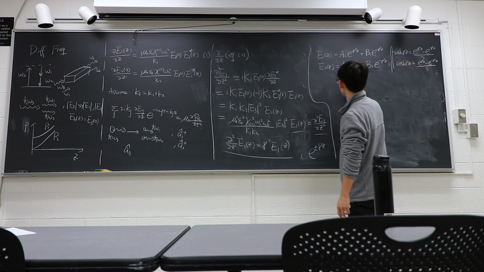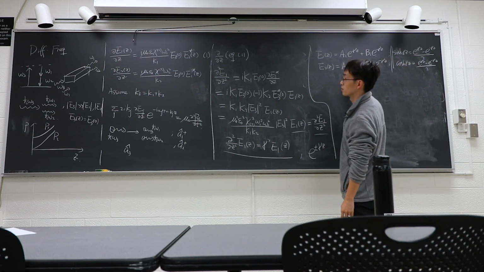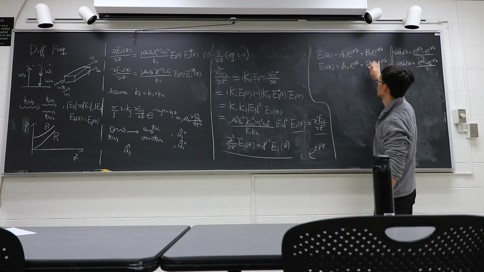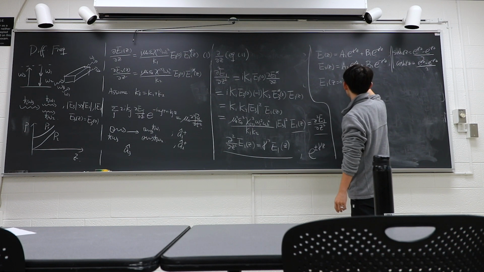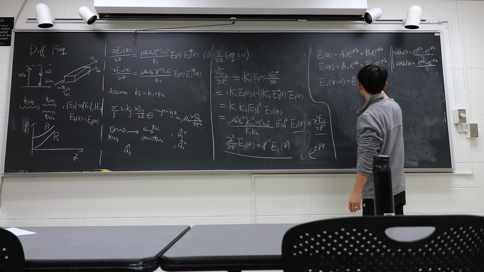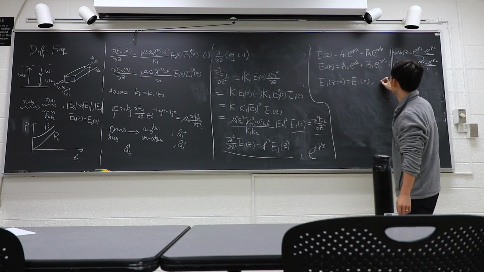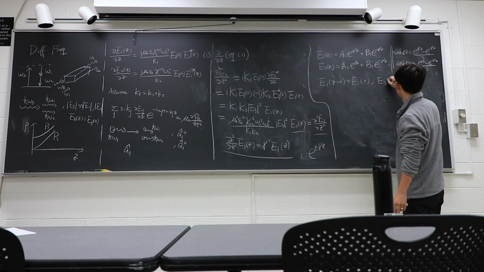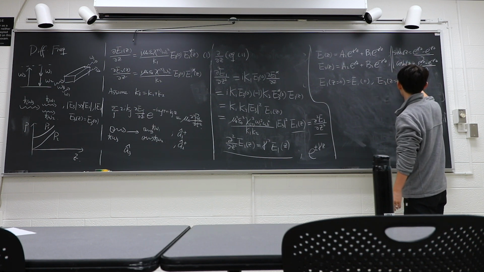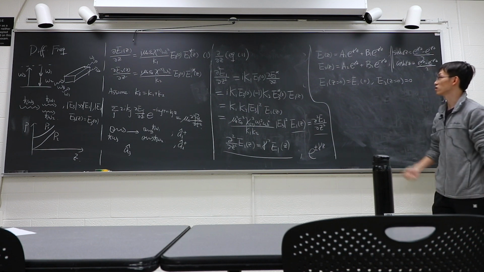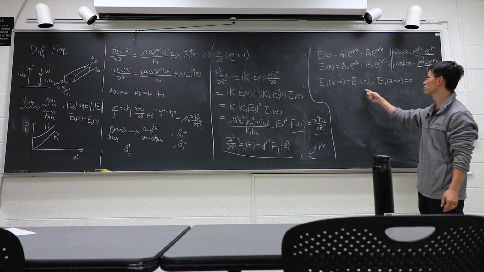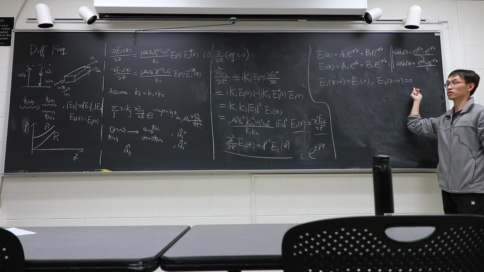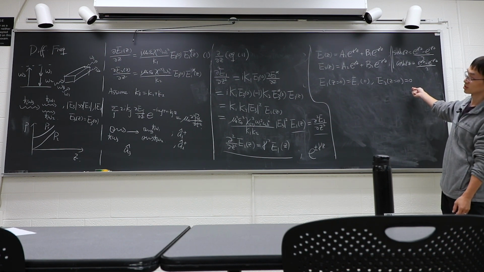Okay. Now let's do the boundary condition to figure out this coefficient. The boundary condition is the input, right? And then the input is there's a field of E1, you know what it is, and E2 is 0.